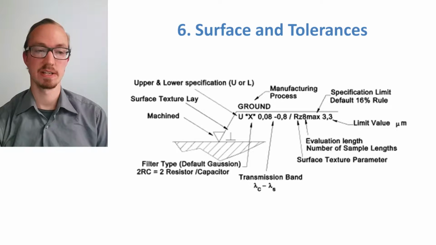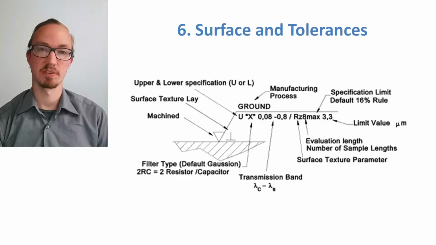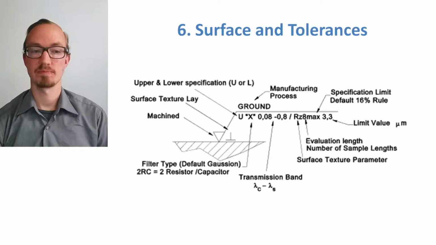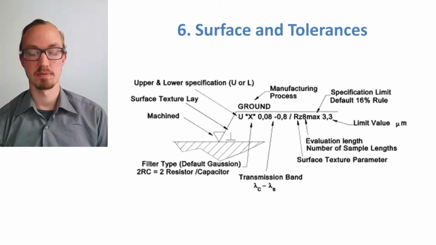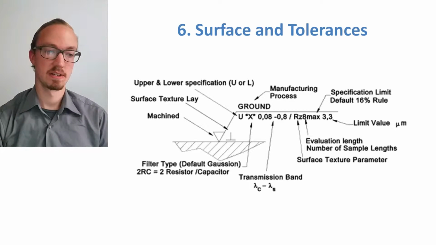After this, you add surfaces and tolerances, where you can give a lot of information. Of course, here it's also as much as necessary, as few as possible, and it's important, again, to have no redundancy and give all the information that is necessary.